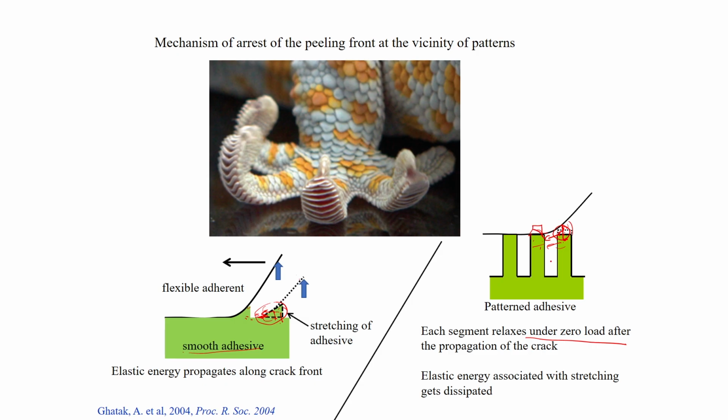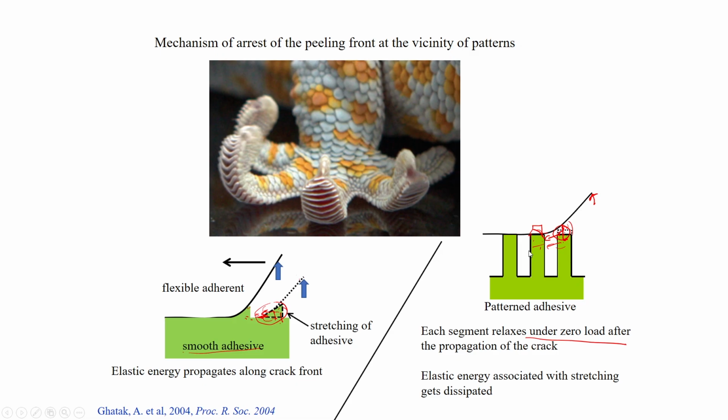So, it is the elastic energy dissipation that happens continuously when you have patterns like that, and that is why the energy spent in debonding this flexible adherent from this adhesive increases.